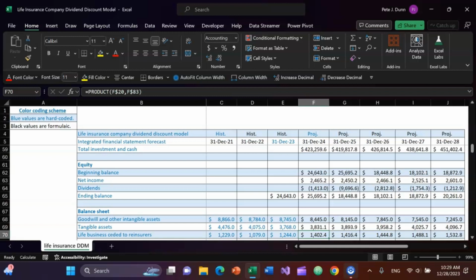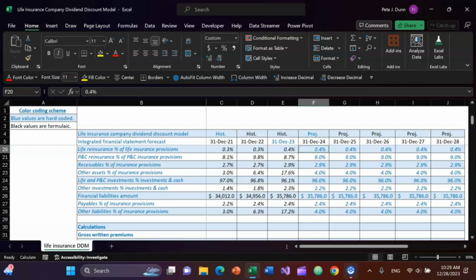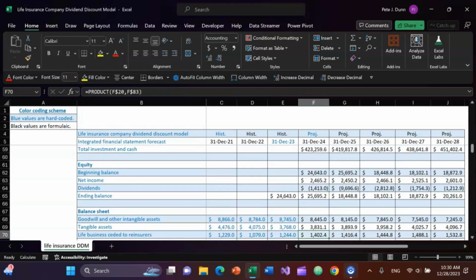Then the amount of life business ceded to reinsurers is based on an assumption, and it's based on the insurance provisions, total life provisions in row 83, times Control F bracket to get to row 20, times this 40 basis point assumption. 40 basis points is the life reinsurance as a percentage of life provisions assumption. So I'll do F5 enter.